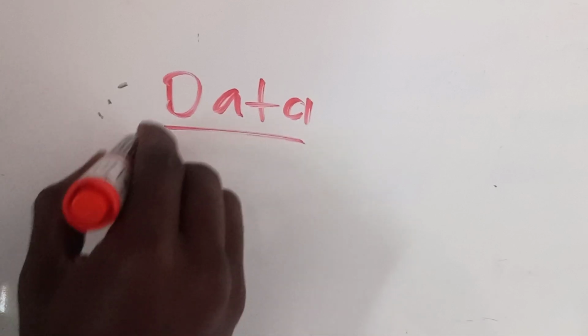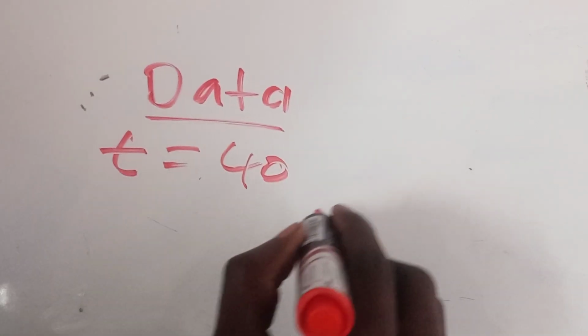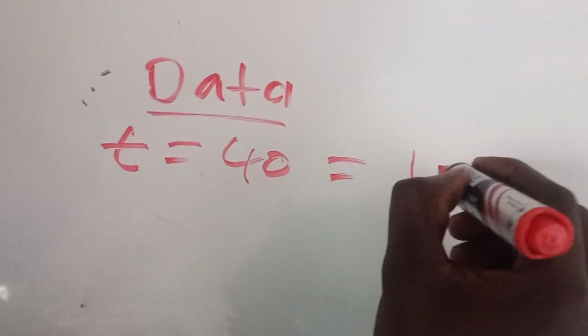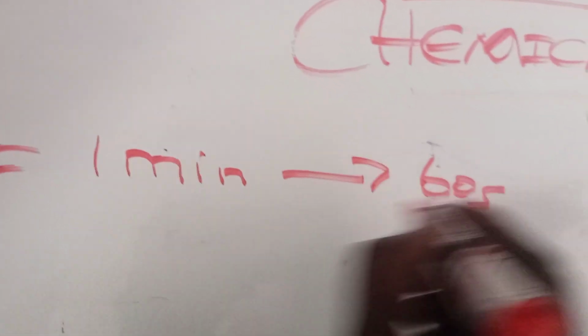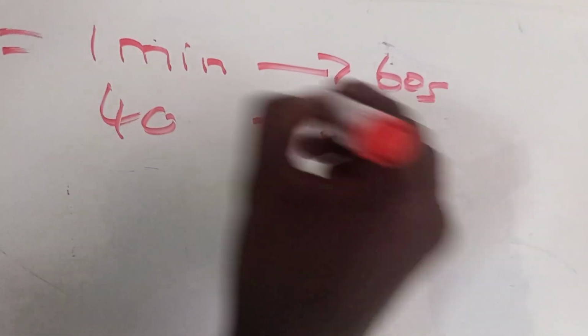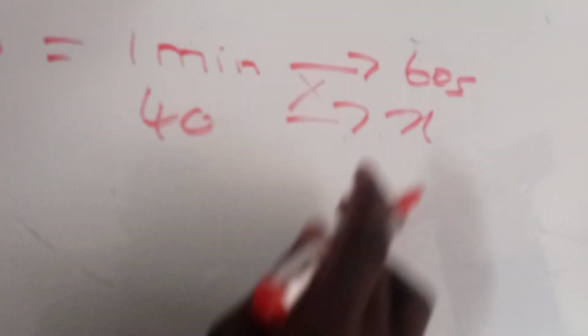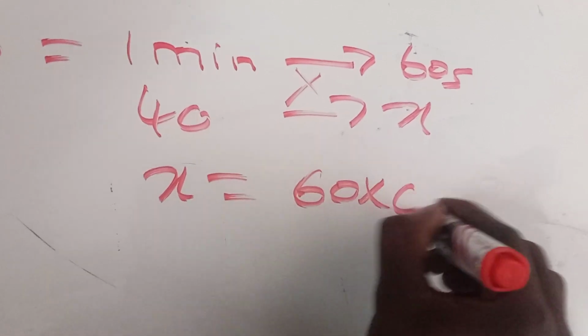What's your time there? Your time in this case is 40 minutes. One minute is equivalent to 60 seconds. So you have 40 minutes and x, and you do some multiplication: x times 1 is x, and 60 times 40.